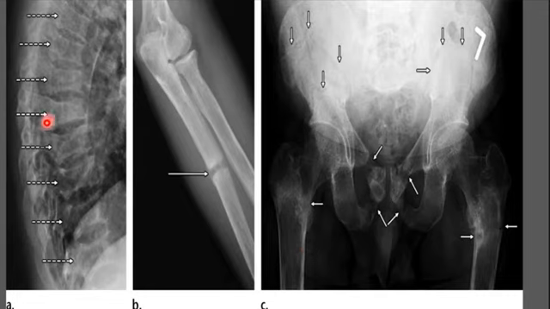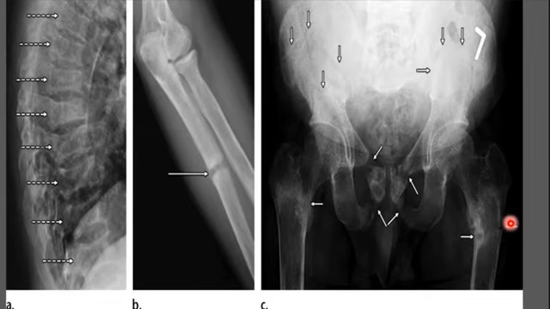Here we see in the vertebra, this one a little bit also not obvious, but these point us to multiple vertebral fractures.